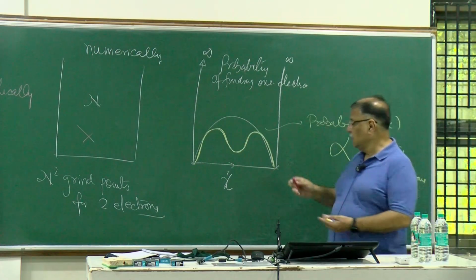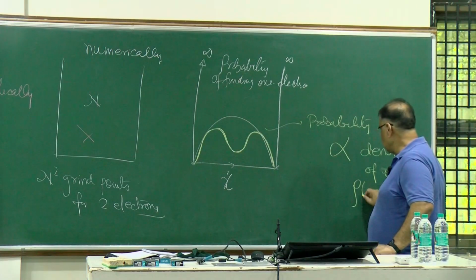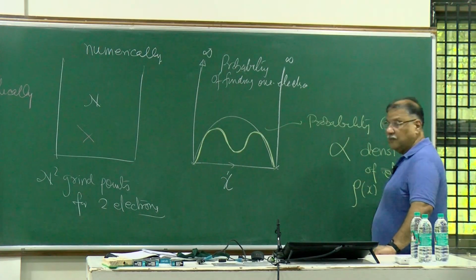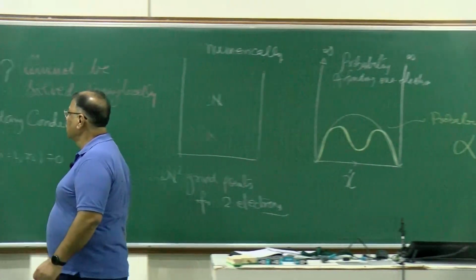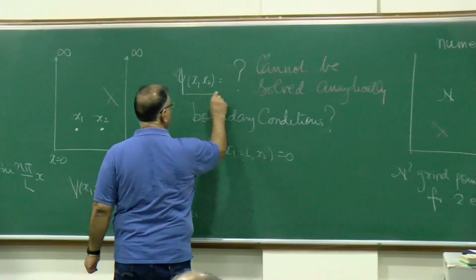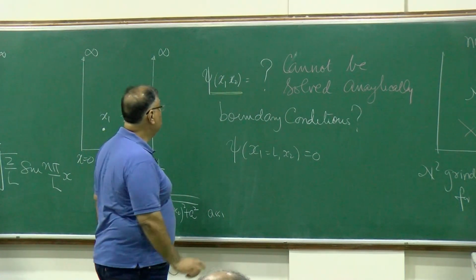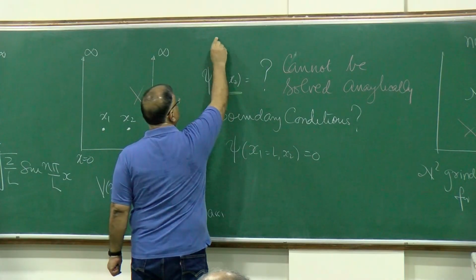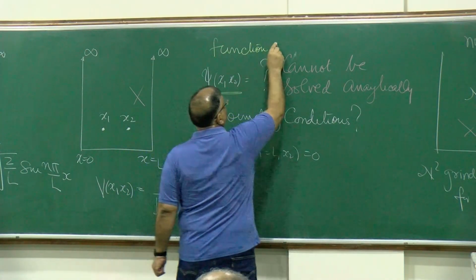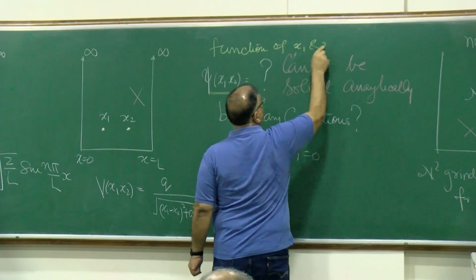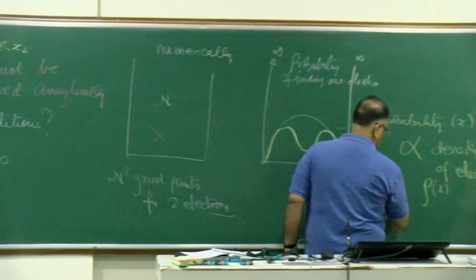So let's call it the density rho. Here it's a function of x, and compare with the wave function. The wave function was psi of x1, x2, so this is a function of x1 and x2, and this is a function of x only.